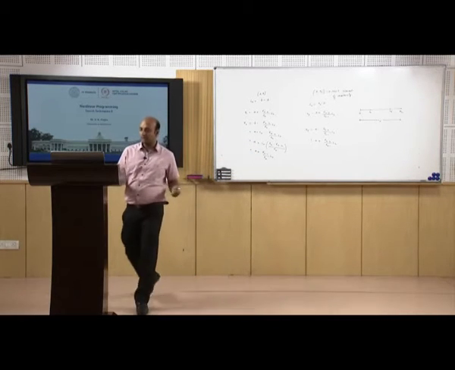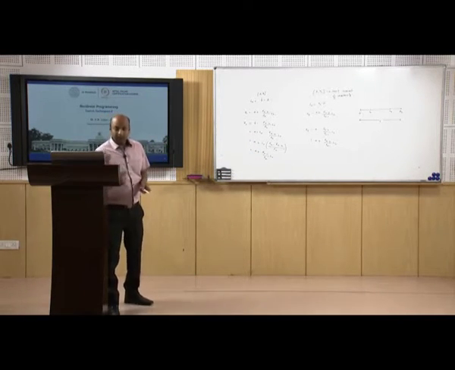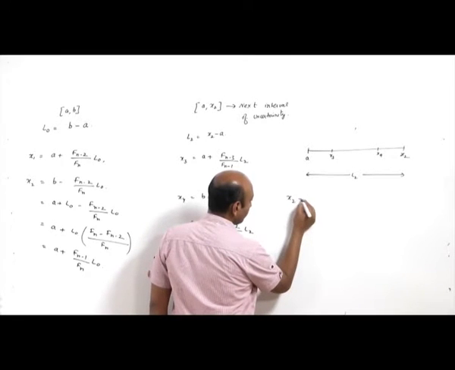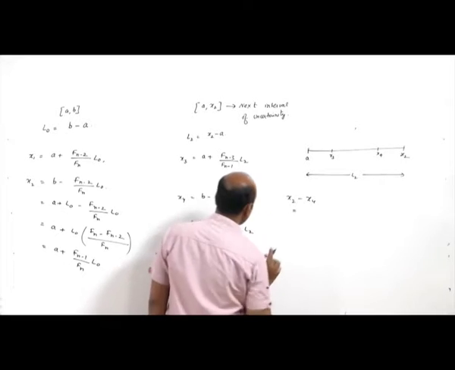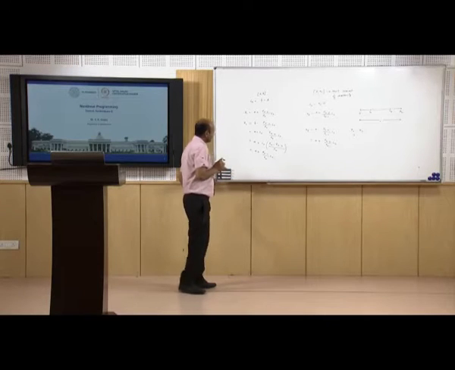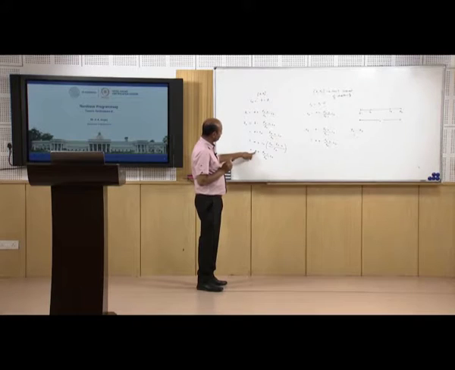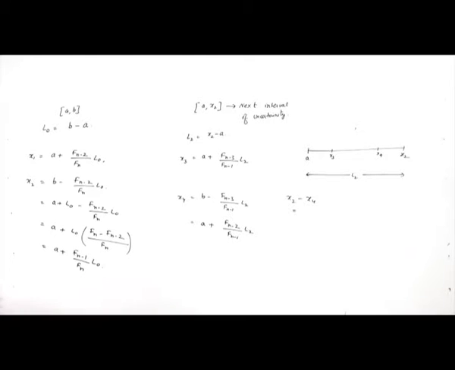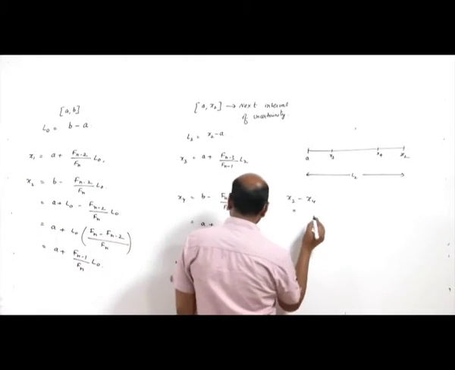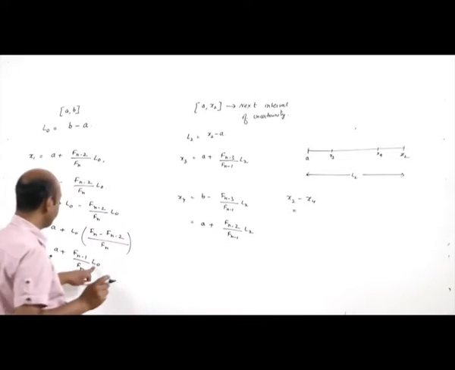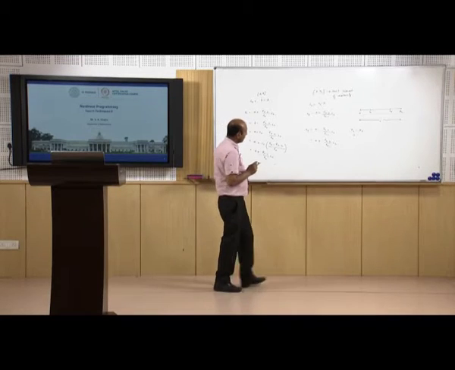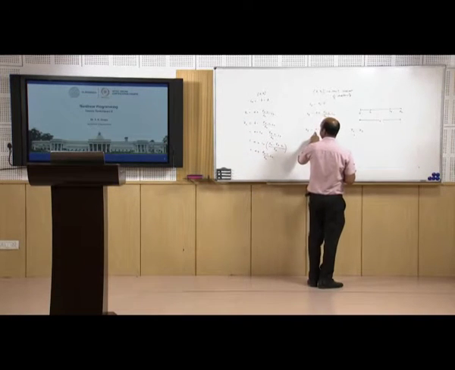Now, the next thing to see here is x2 minus x4. So, let us find x2 minus x4. What is x2? Now, x2 is this quantity, and x4 is this quantity. So, when you subtract these two, what do we obtain? First we will try to make the same interval.